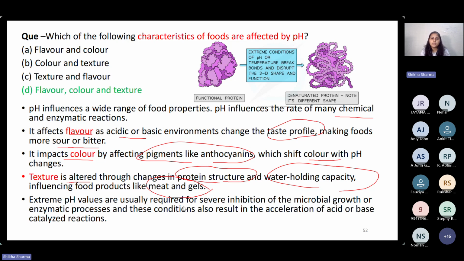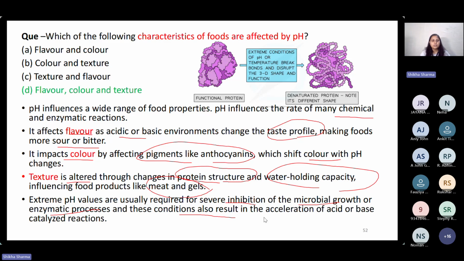And extreme pH can lead to severe inhibition of microorganism growth or some enzymatic processes, and the acceleration of acid and basic catalyzed reactions can also occur.